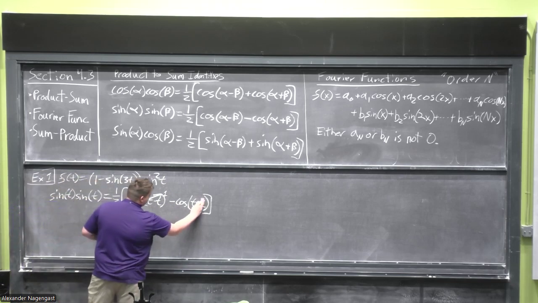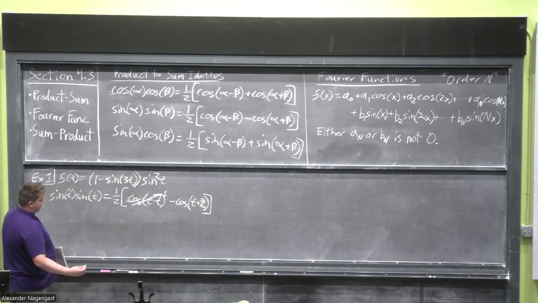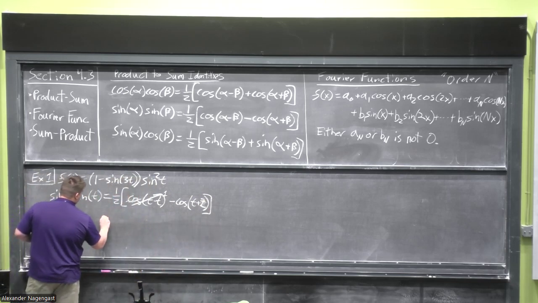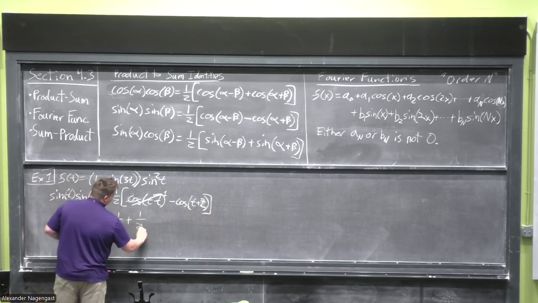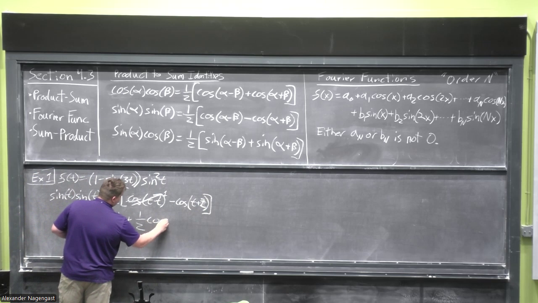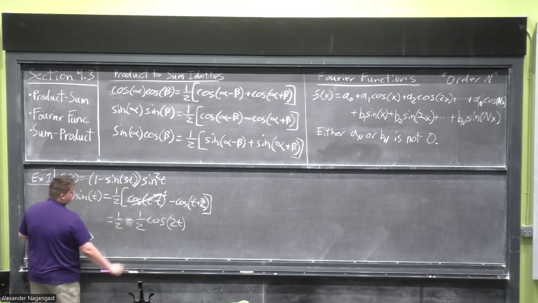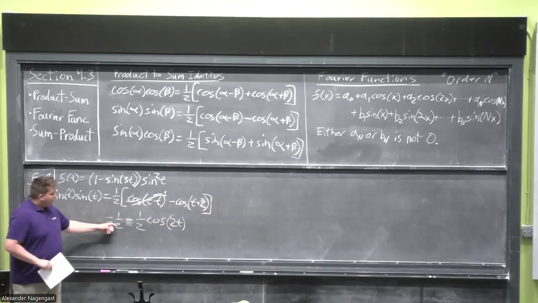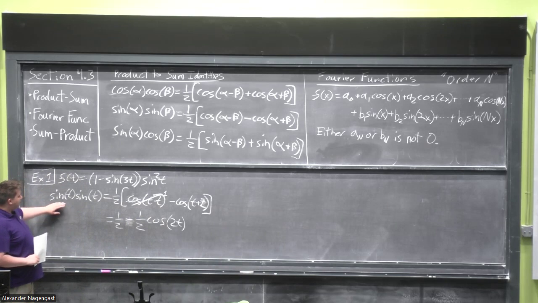We can write this t plus t, and so that's 2t. So we have 1/2 minus 1/2 cosine of 2t. Sorry, this is a minus. That is equal to sine t times sine t.